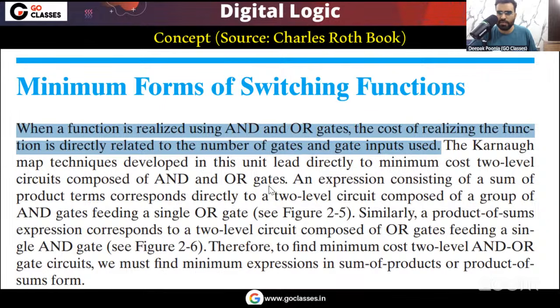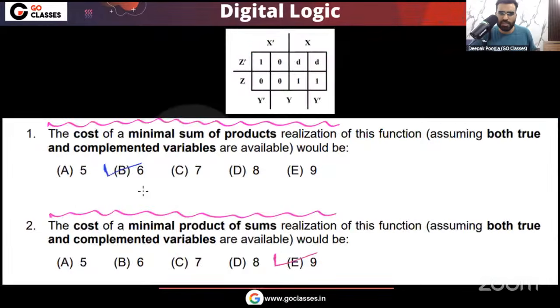For the cost of minimal SOP realization, you will find the minimal SOP expression. For the cost of minimal POS realization, you will find the minimal POS expression. Then you can implement it with the help of AND gates and OR gates, check the total number of logic gates and the total number of gate inputs, and do the summation.